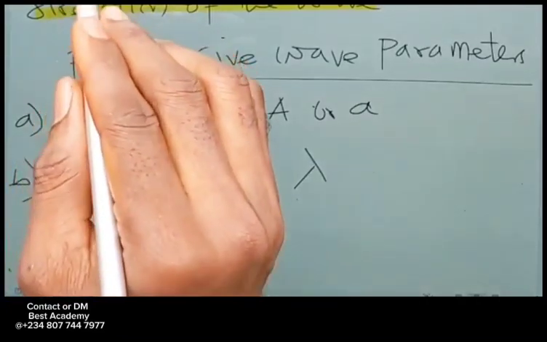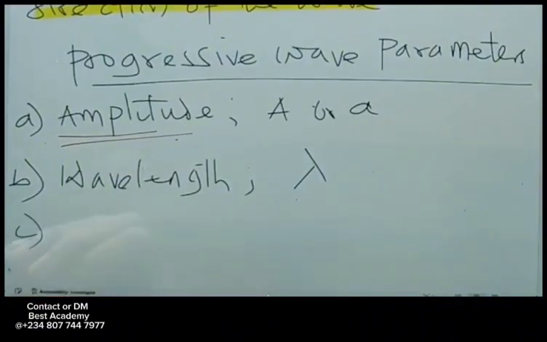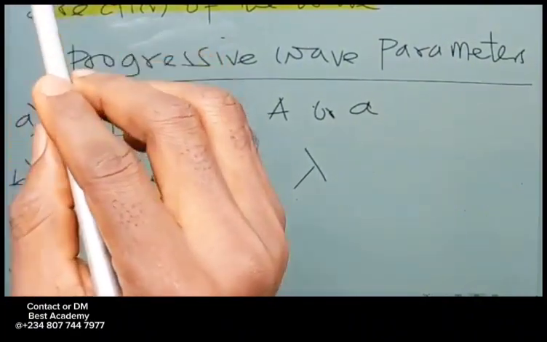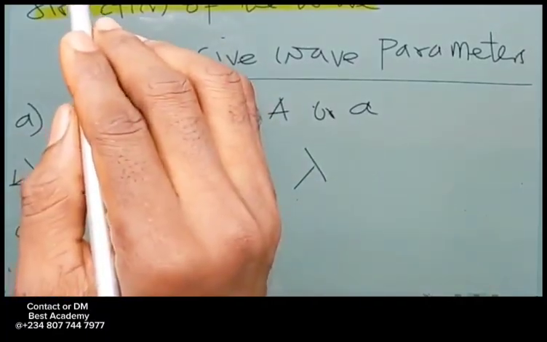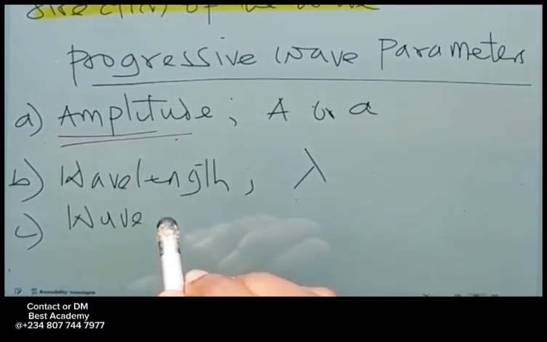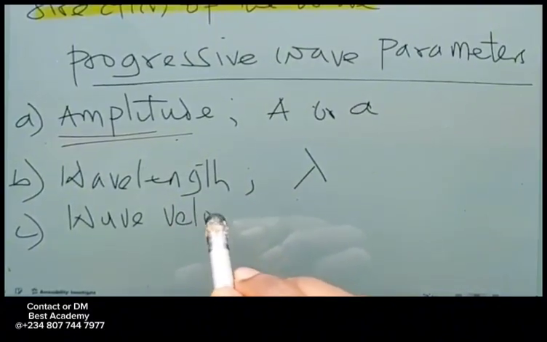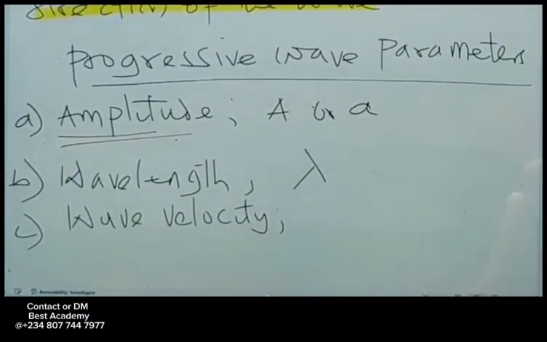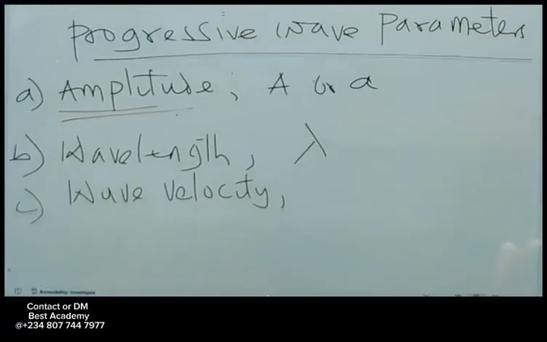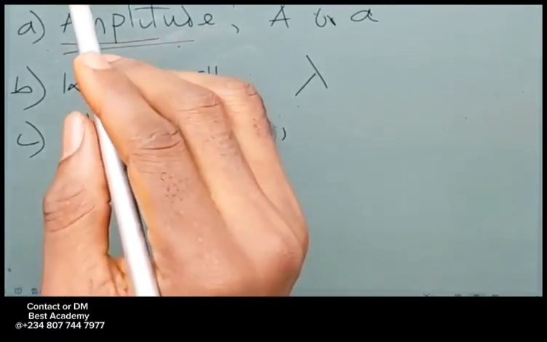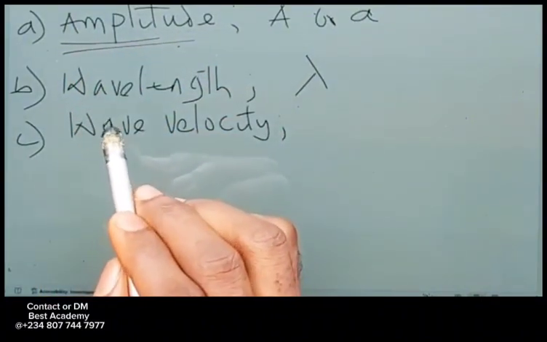Please take note. The next is wave velocity. That is the last one under progressive wave parameters. Let's define what wave velocity is, please.